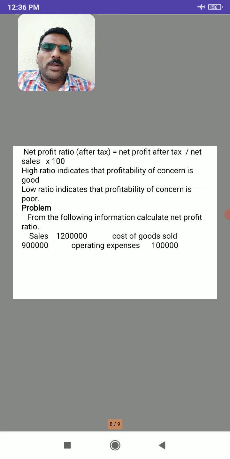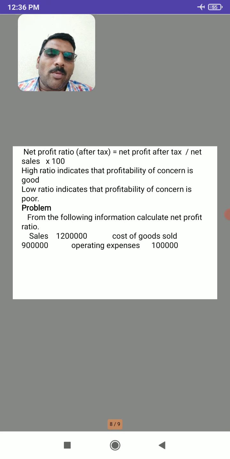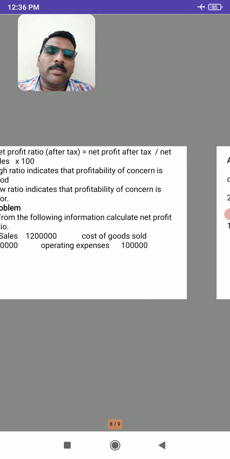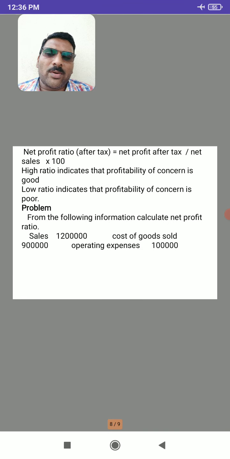If the ratio is low, it indicates the inefficiency of the firm. To study the net profit ratio, we will take one simple problem. From the following information, calculate the net profit ratio. Sales is 12 lakh, cost of goods sold is 9 lakh, and operating expenses are rupees 1 lakh. By these three pieces of information, we will calculate the net profit ratio after tax.